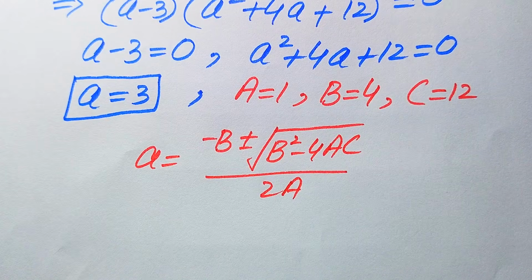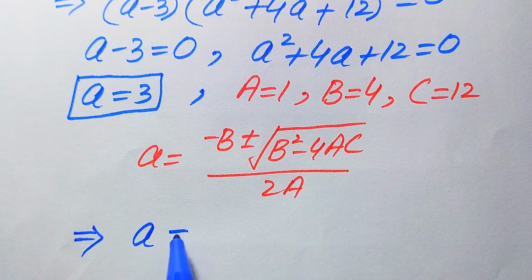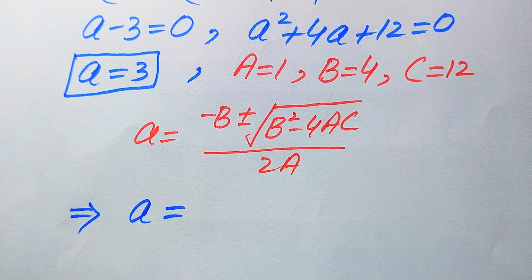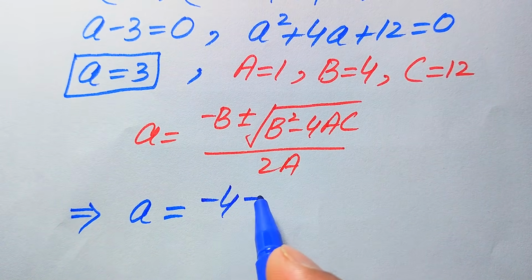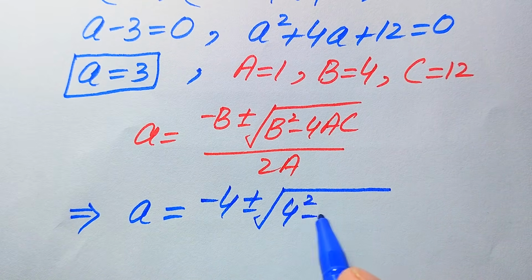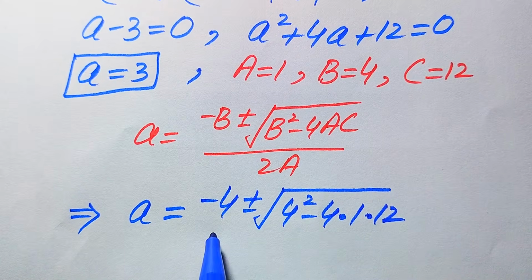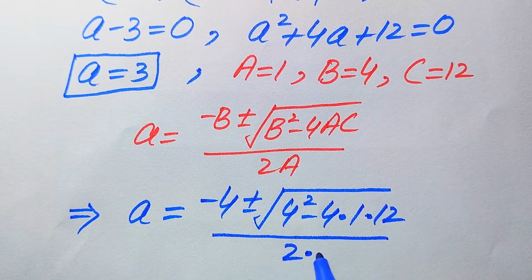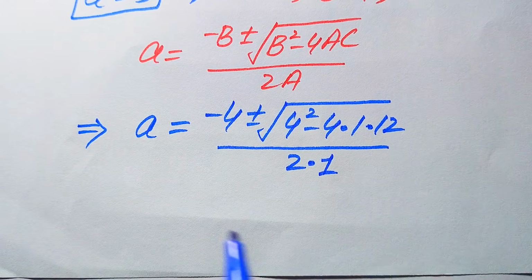So here we substitute all the values of A, B and C in this formula, and it will be written as a equals minus B, the value of B is 4, so minus 4 plus minus square root of B squared, so 4 squared minus 4 times A, which is 1, and C, which is 12, divided by 2 times A, and here our A equals 1.